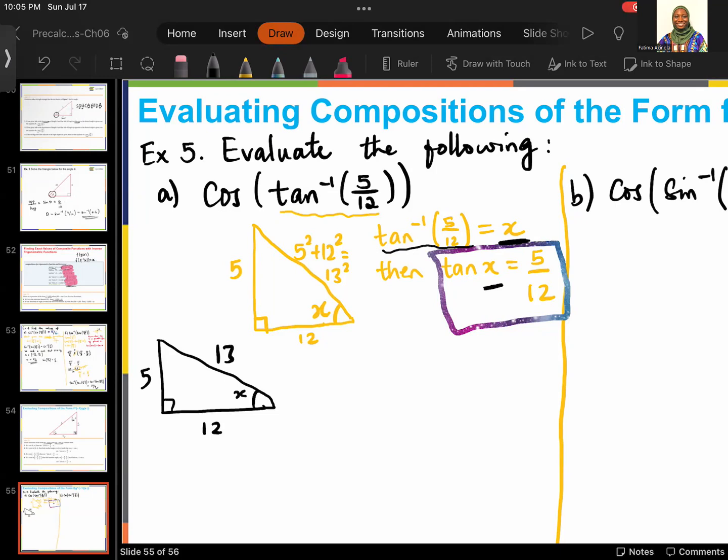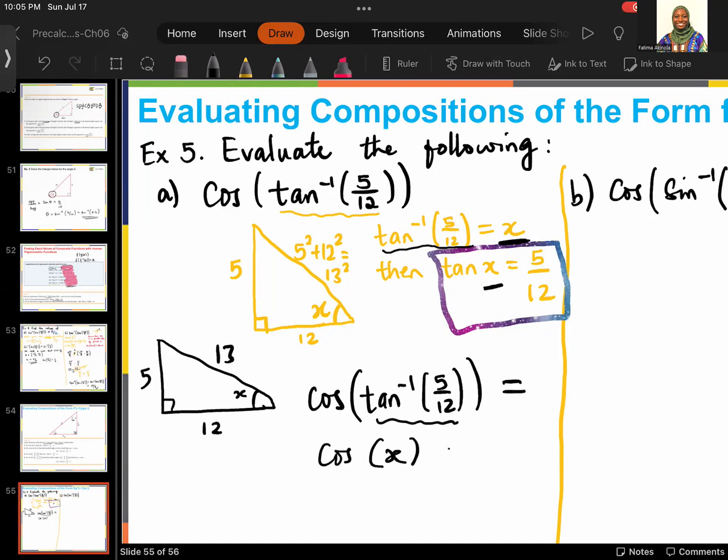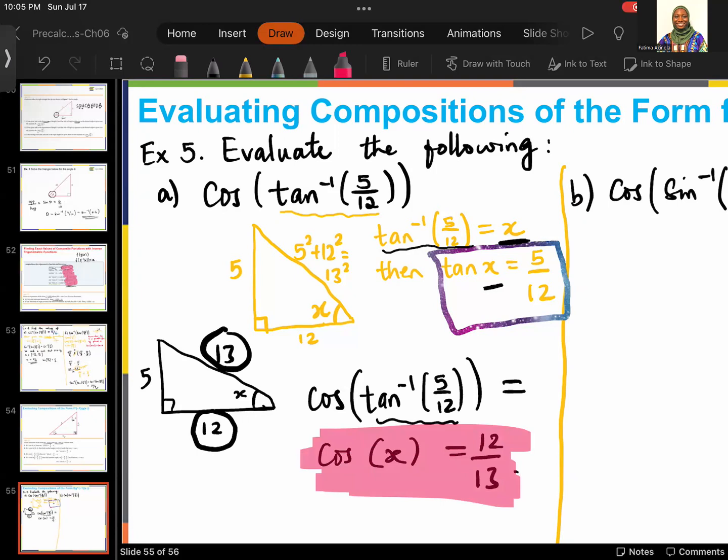So I've used the inner information to draw this right angle triangle, and I have all 3 sides. If I'm looking for cosine of tan inverse of 5 over 12, which I said let this be x, cosine x, then I come to my right angle triangle. Cosine is adjacent 12 over hypotenuse 13, so 12 over 13. This is how you can use your right angle triangle to simplify those problems for you.